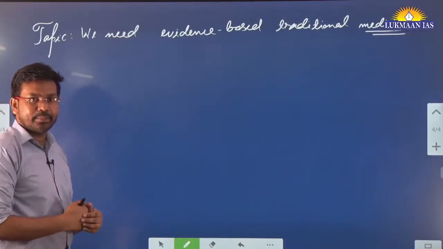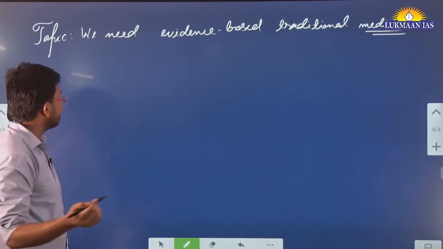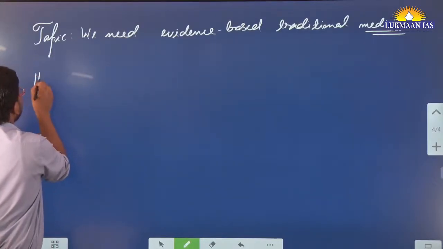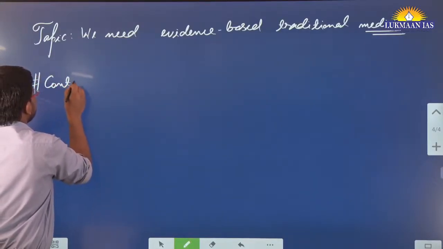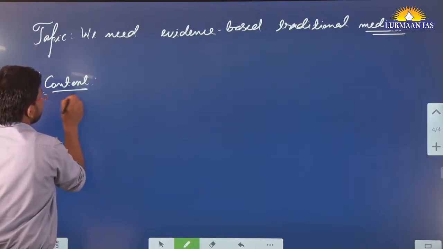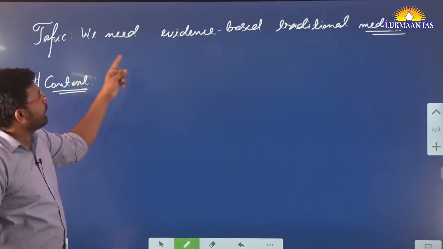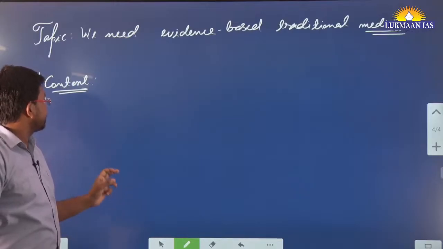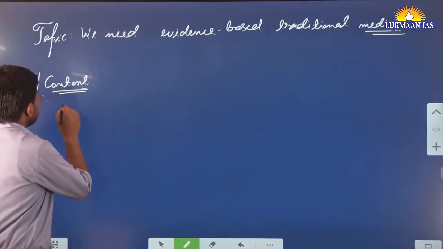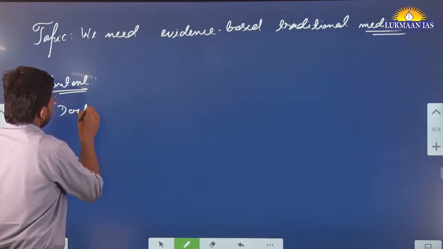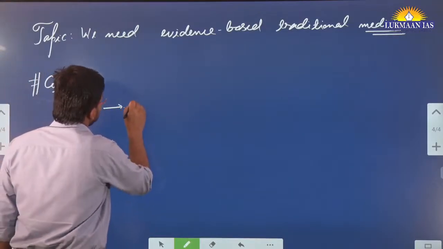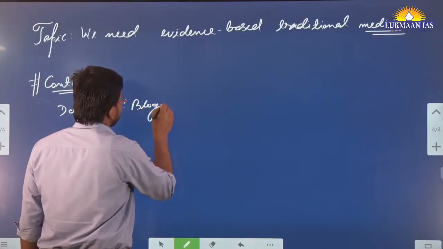Now let us understand about this. Basically in this article the author has talked about a specific case. Taking that case as context, the author has talked about why we need evidence-based traditional medicine. So what was the context? There was a doctor, and that doctor was, let's say, a blogger as well.